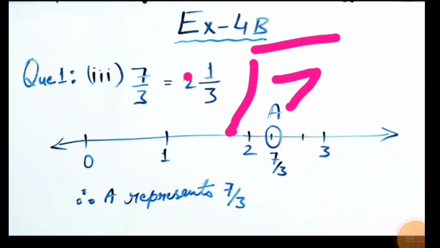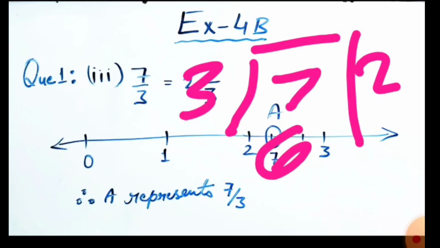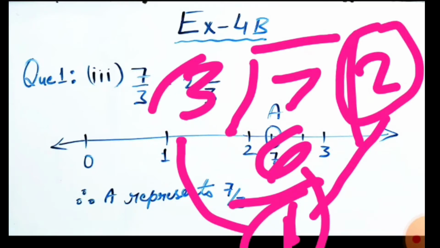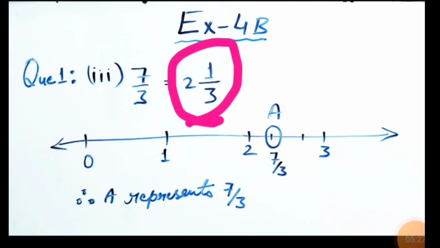In the rough part, you will divide 7 by 3. So 3 times 2 is 6, 1 will be the remainder. So we'll write like this, 2 whole 1 by 3. The same thing we will write here, 2 whole 1 by 3.